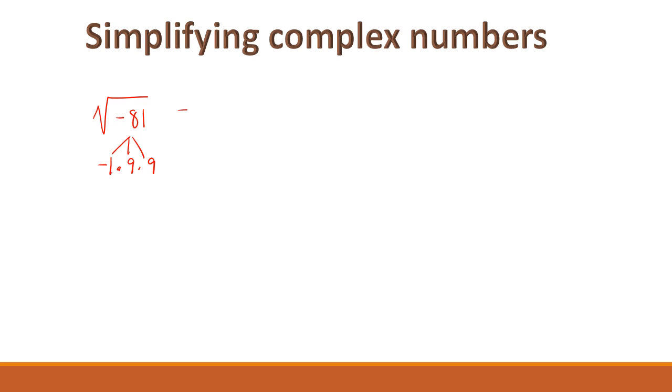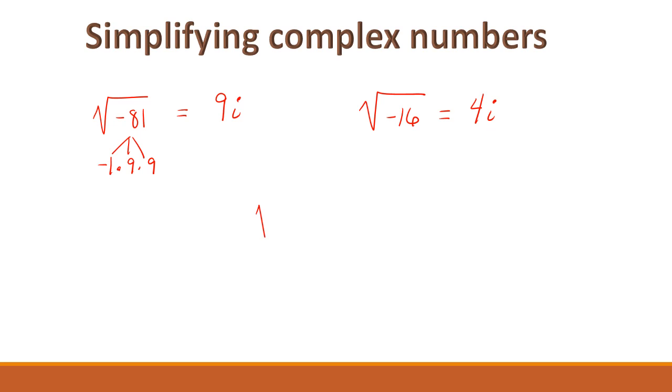So the square root of 81 is equal to 9, and the square root of that -1 is i. So the square root of -81 equals 9i. The square root of -16 then would equal 4i, because 4 times 4 equals 16, and the i is represented because we have a negative radicand.